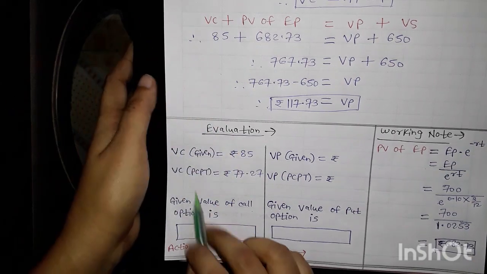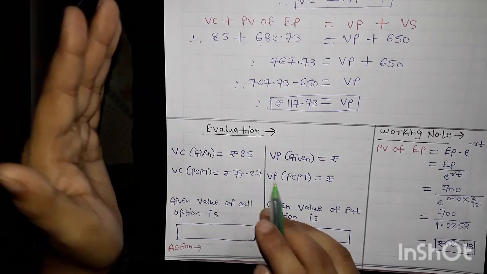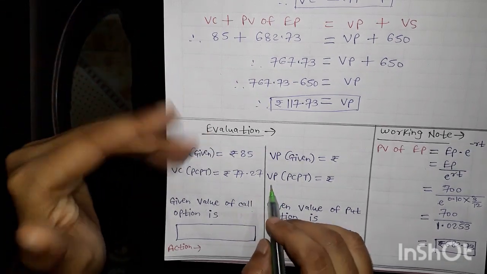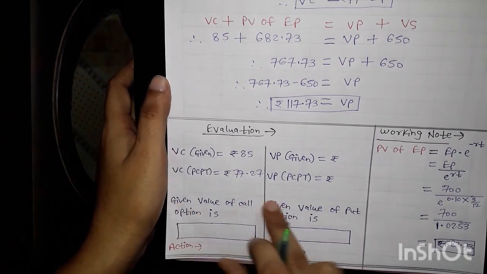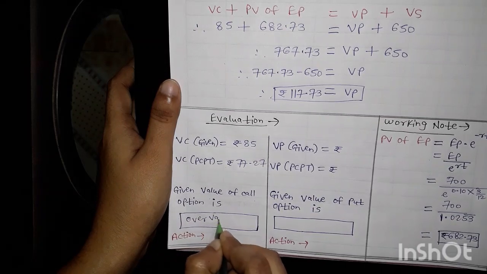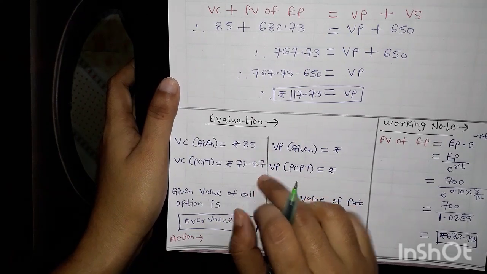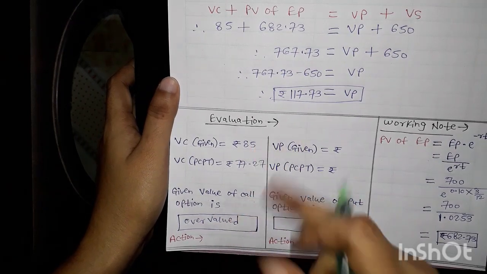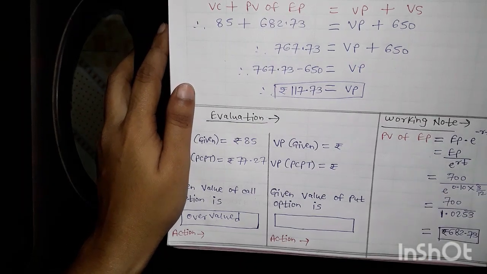Okay, because expected value of a call is less and they are giving us more value, so given value of a call option is overvalued. Okay, overvalued means it should have been less but the given one is more, so it is overvalued.